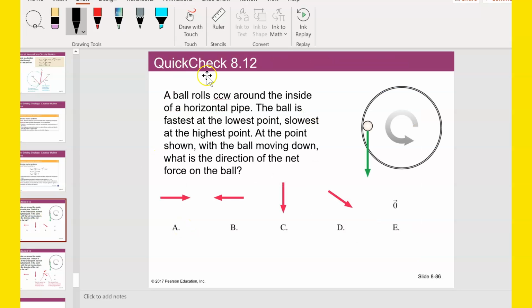Alright. Quick check 8.12. The ball rolls counterclockwise around the inside of a horizontal pipe. The ball is fastest at the lowest point, slowest at the highest point. At the point shown with the ball moving down, what is the direction of the net force on the ball?